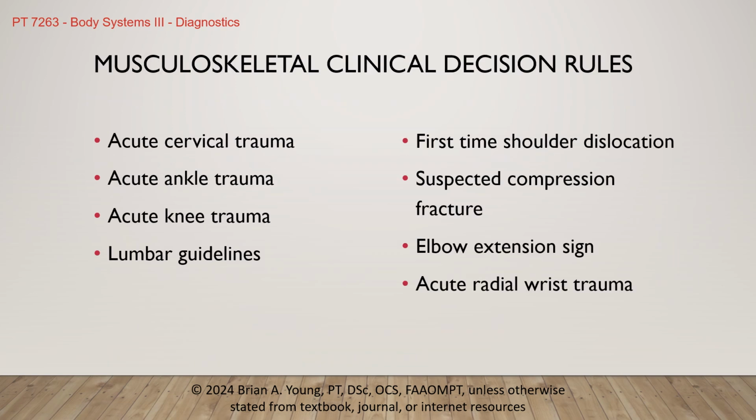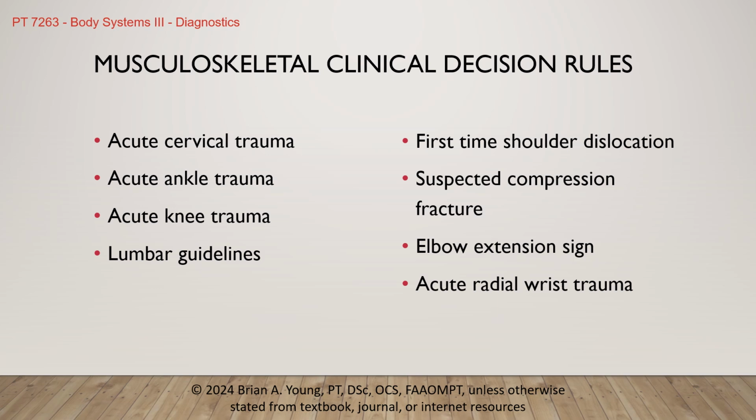So as mentioned, there are several decision rules that have been established, and you may be familiar with some of these, if not all of these already. A lot of these are written for people who have acute injury, right away within the first 72 hours of an injury or event, and who present to an emergency room.